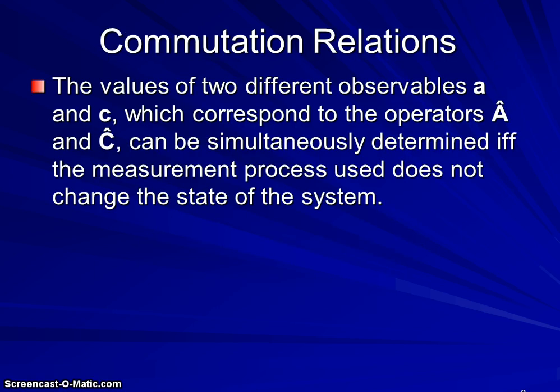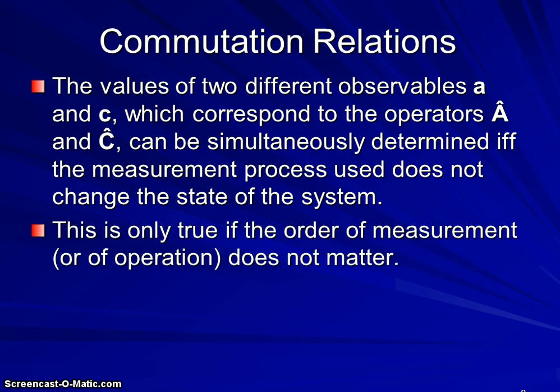If we were to look at and measure the values of two different observables, we'll call them A and C, and those observables correspond to operators A and C that we symbolize with capital letters. They can be simultaneously determined if and only if, that's what IFF stands for, the measurement process used does not change the state of the system.